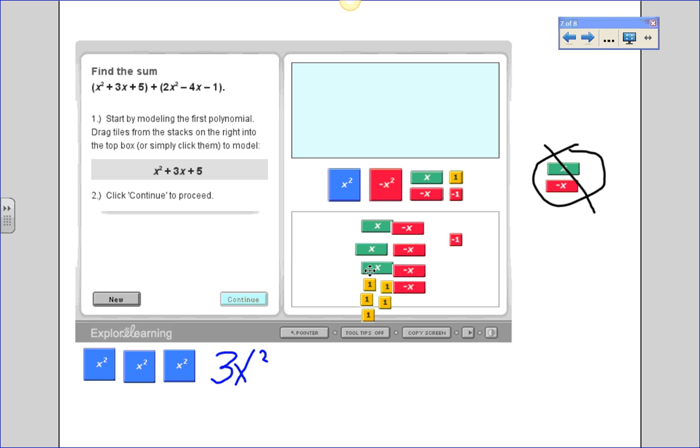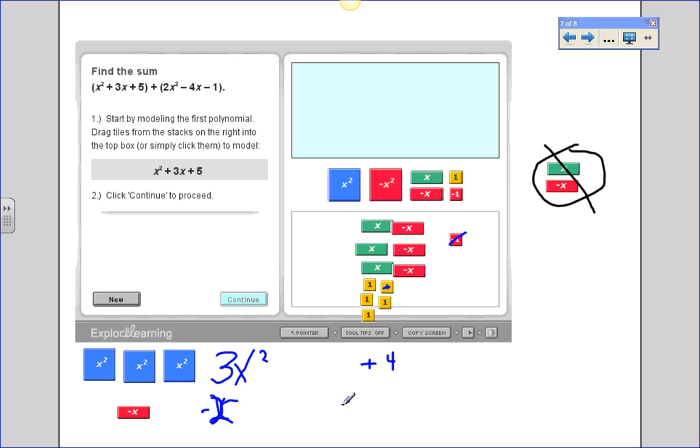So I actually create 3 zero pairs here, and I just have 1 negative x left. So there's a negative x, whoops, that's not an x, a negative x, and I see that 1 positive and 1 negative cancel out to make a zero pair, so I will have 4 left as well.